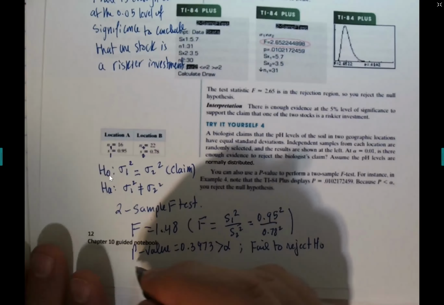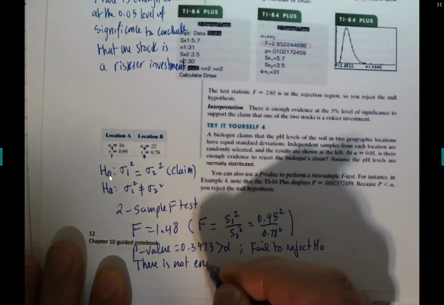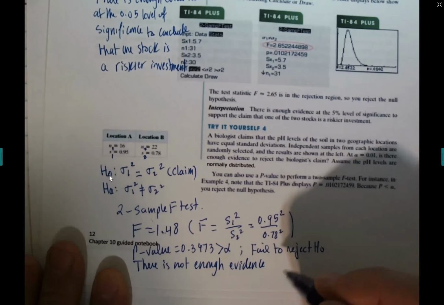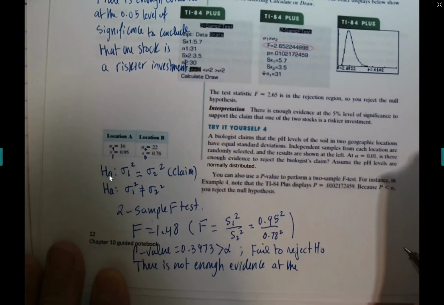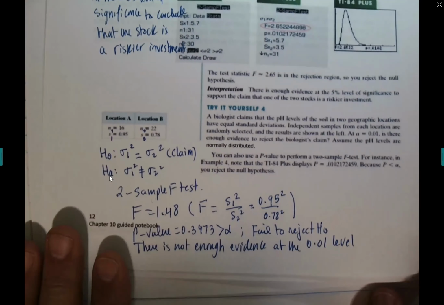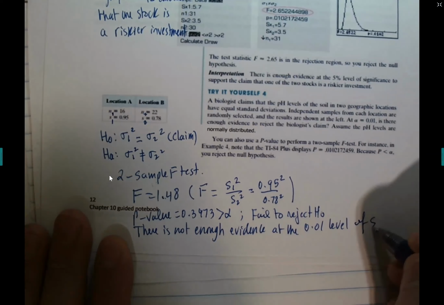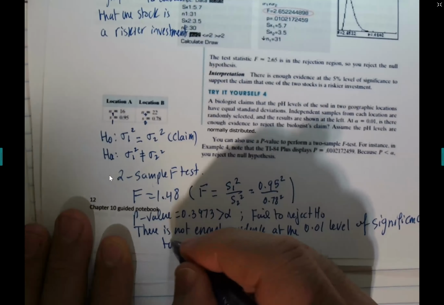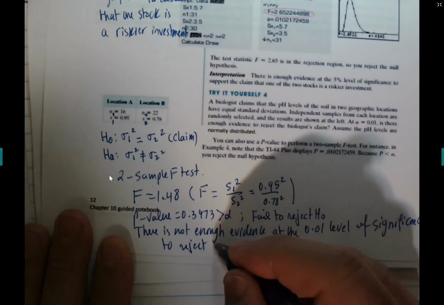There is not enough evidence at the 0.01 level of significance to reject the biologist's claim.